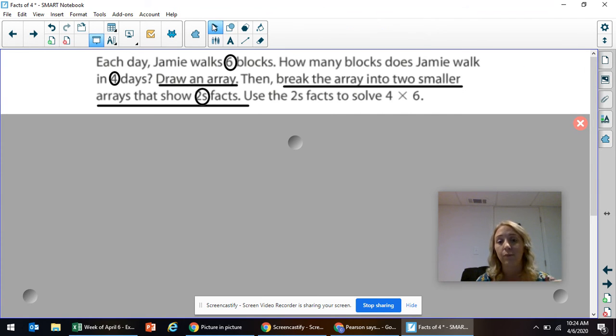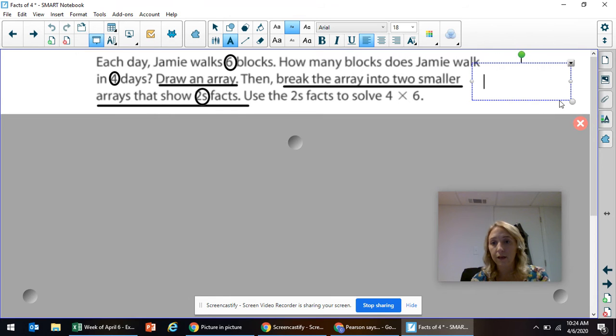So the first thing that my problem is asking me to do is what? Reread it again. What's the first thing it's asking me to do? To draw an array. So I'm drawing an array for the multiplication problem, 4 times 6. So remember that you were doing 4 times 6, and you're trying to figure out the answer for this.